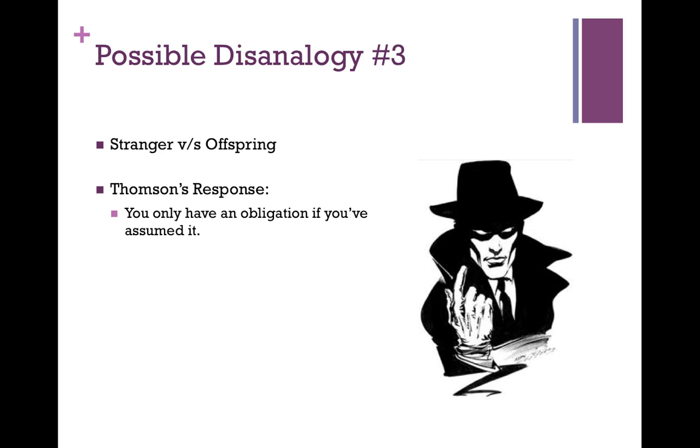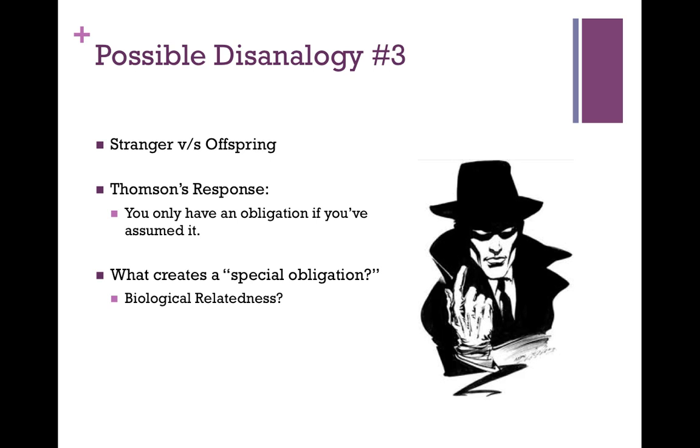And what Thomson says to this is that she questions it. What she wants to say is, why think that? Why think that you have a special obligation to a child at all? What would generate this kind of special obligation? Is it just sheer biological relatedness? Well, it can't be that. It can't just be that because you're biologically related, you have a special obligation.